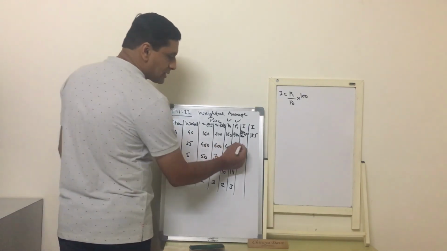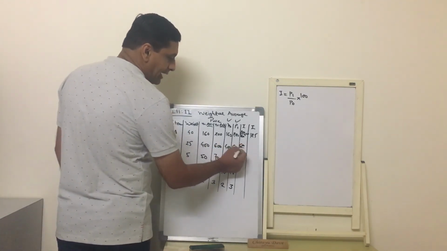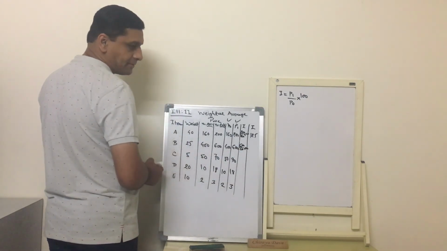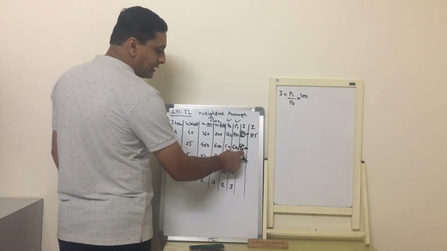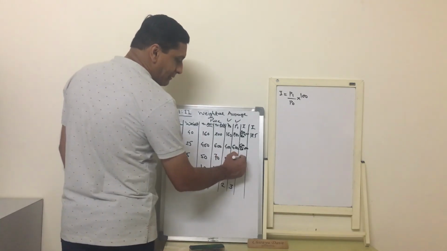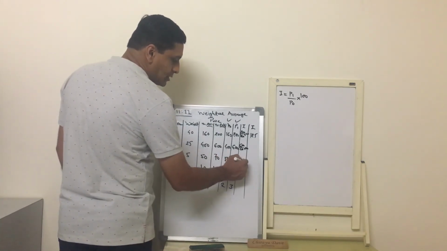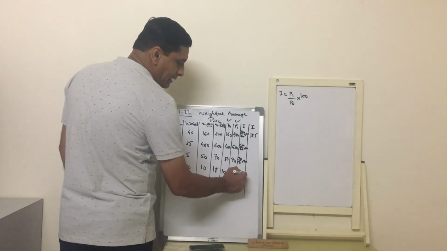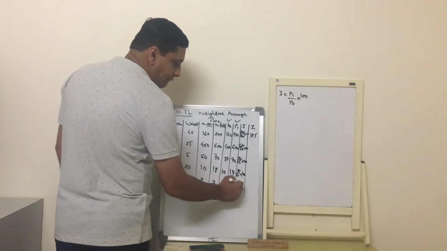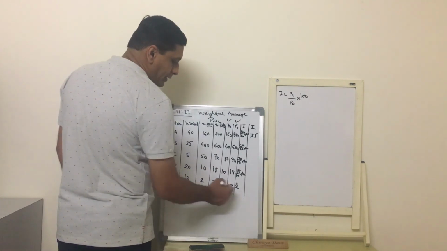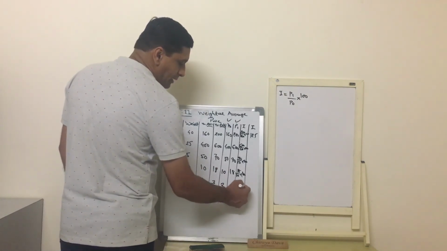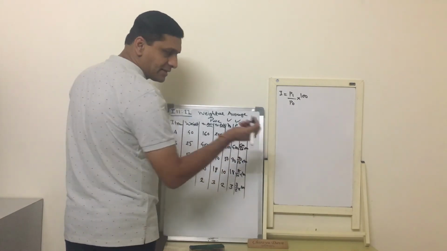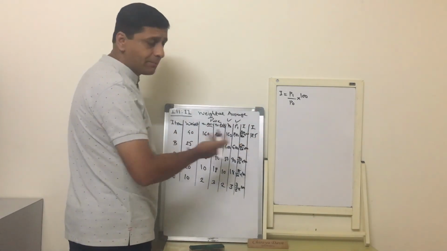Similarly, let's switch to the second: 600 divided by 400 into 100. Clear? So P1 upon P0 into 100, every time you can make it. I'm just making the formal calculation because you can do it very easily in this case. Divide by 10 into 100, and finally 3 divided by 2 into 100. You can easily cancel the zeros, or find it with the help of calculators.